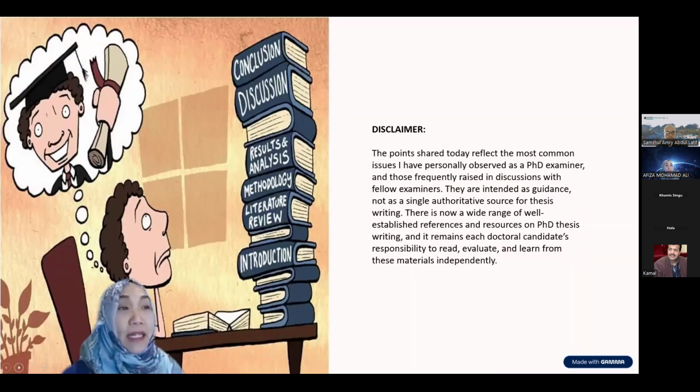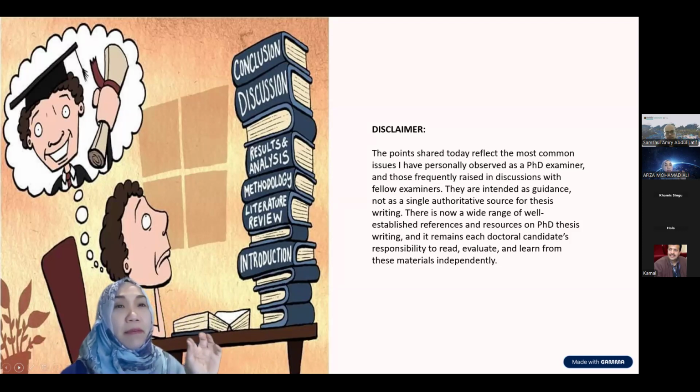All right, a little bit of disclaimer, Dr. Sam and everybody here. The points that I'm sharing today reflect the most common issues that I've personally observed as a PhD examiner. Examiner, bear in mind, not supervisor. As supervisors, we can tell our students this is something that you need to improve, but sometimes the students come back showing nothing being improved. I see this all the time. Either the students are overwhelmed or something, I'm not sure, but the errors keep occurring.